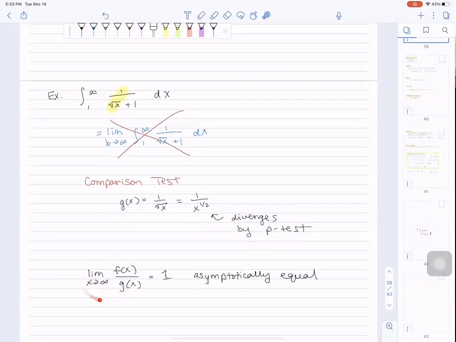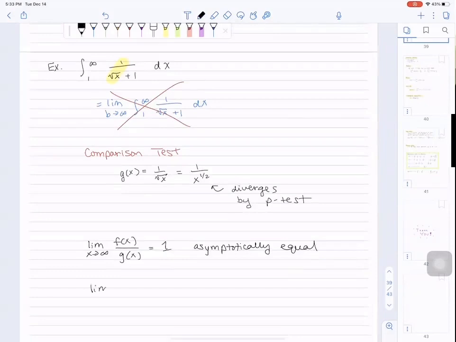So if this limit equals 1, that means this function is asymptotically equal to g of x, which means that this should also diverge. Because if they're asymptotically equal, if they're similar, they should both diverge as well. Right? So let's try it out.